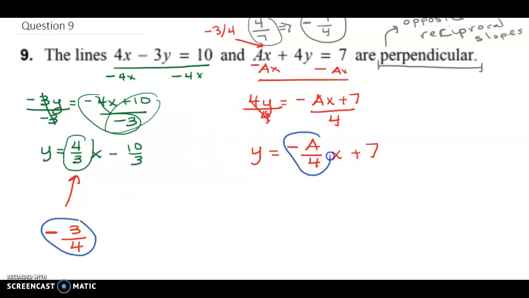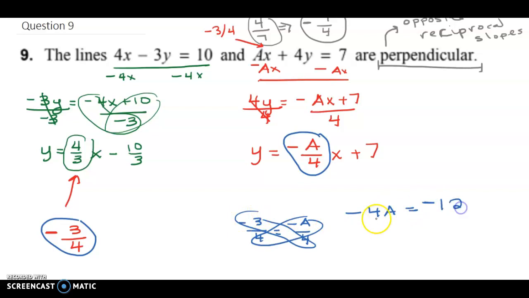Well, right now it's negative a over 4. So negative 3/4 has to equal negative a/4. Cross multiply. I get negative 4a equals negative 12. Divide by negative 4, divide by negative 4. My a here has to equal 3. Okay, so that is how you would do number 8. I hope this helps.